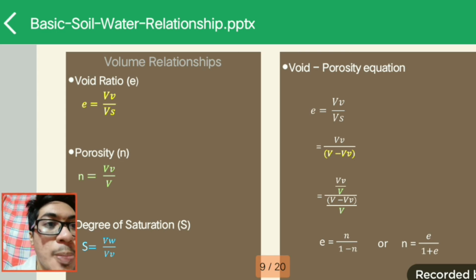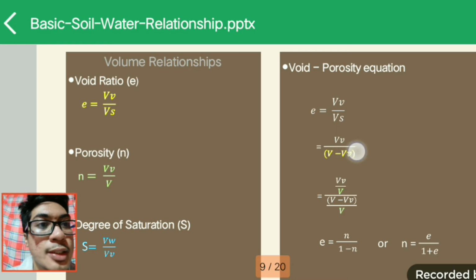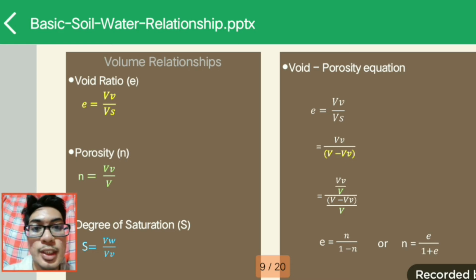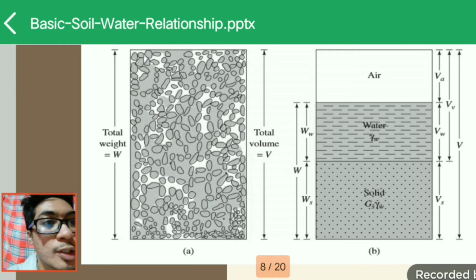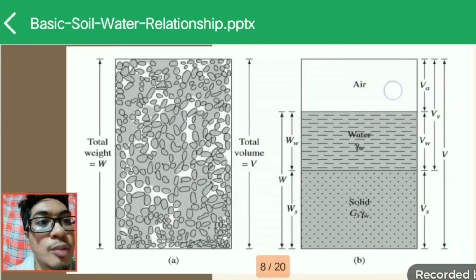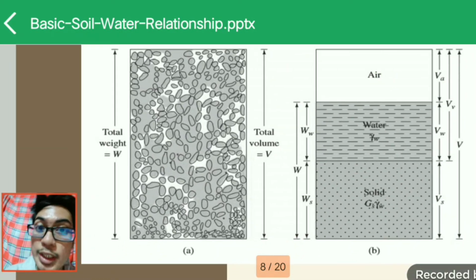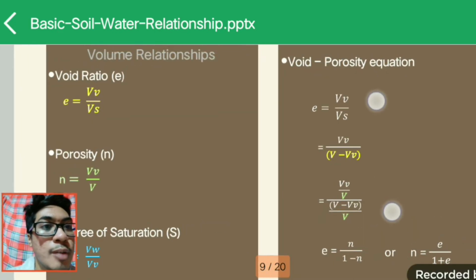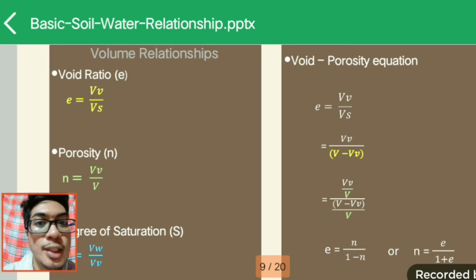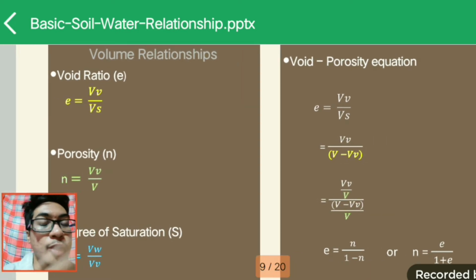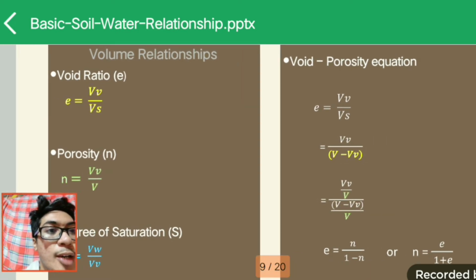But this time, instead of just saying volume of solid, we use the overall volume minus the volume of void. Because if you go back here, what's total volume minus volume of void? It is the volume of solid, right? So that is why you have here total volume minus volume of void. This yellow part here. Hope you see it.